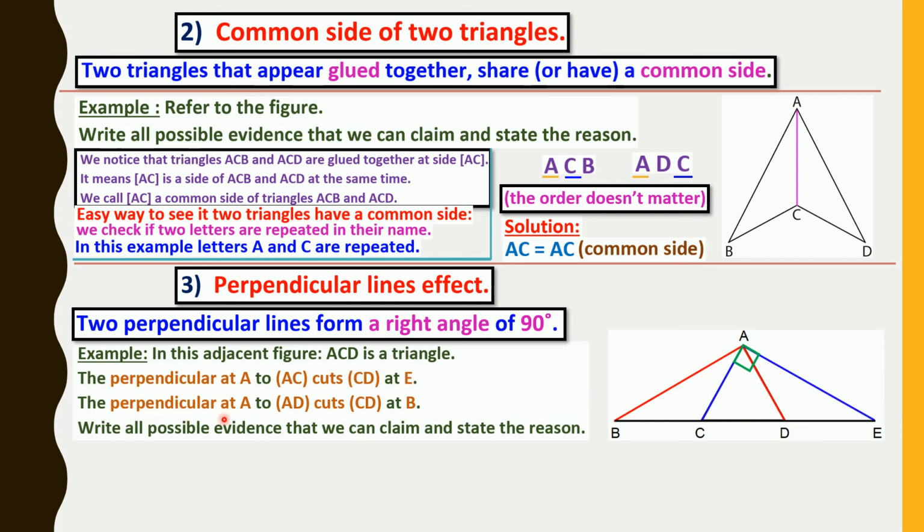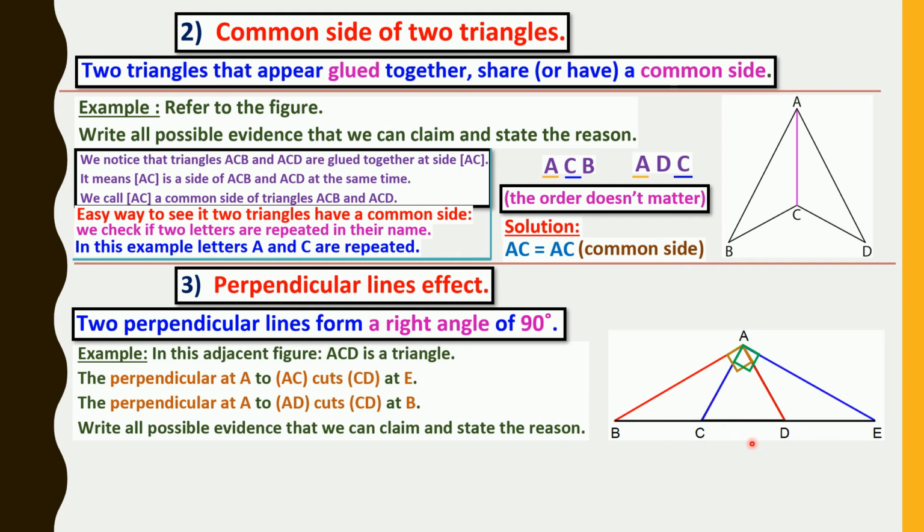The perpendicular at A to AD cuts CD at B. Also, when we draw the perpendicular to AD, we keep on extending it and the line DC until they meet at point B. Write all possible evidence that we can claim and state the reason. So here we cannot claim anything about the sides.